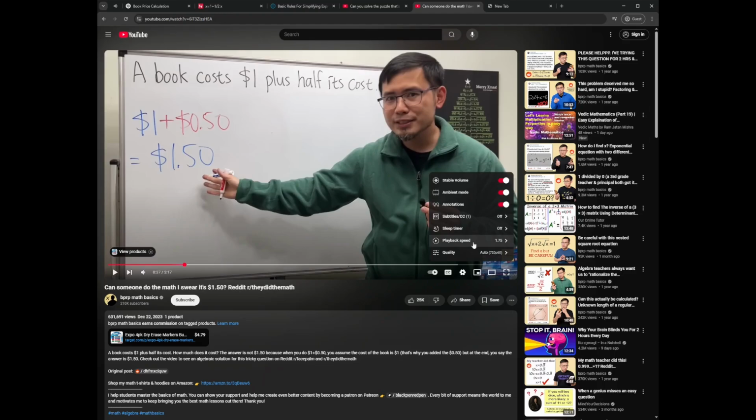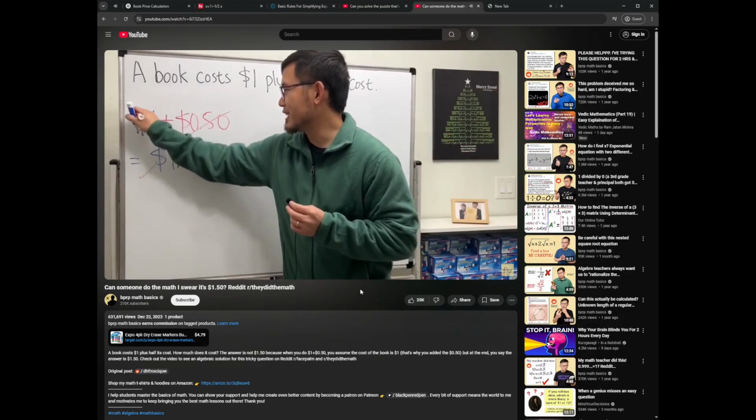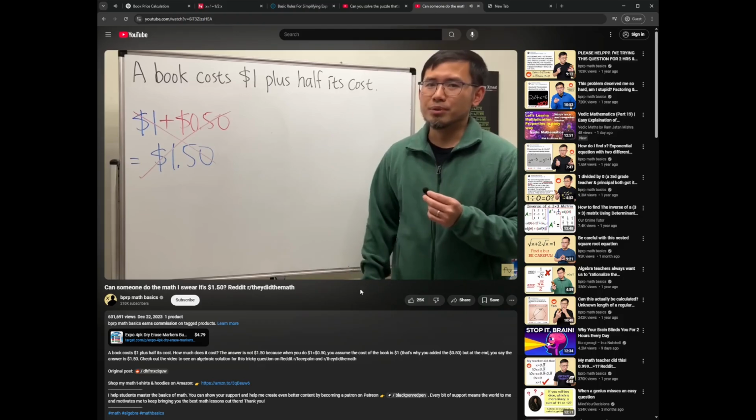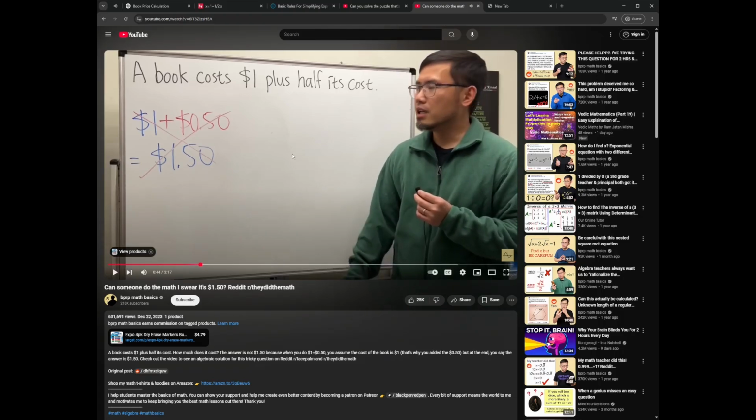Actually, that's a pretty important part right there, so I'm going to make sure it's audible. No, this is not correct. Why? Because we don't know how much the book costs. A lot of people make this argument, but one is not how much the book costs, which is what this argument depends on.